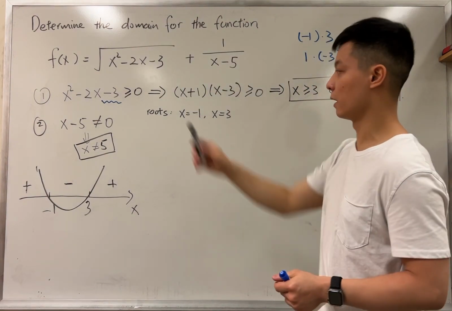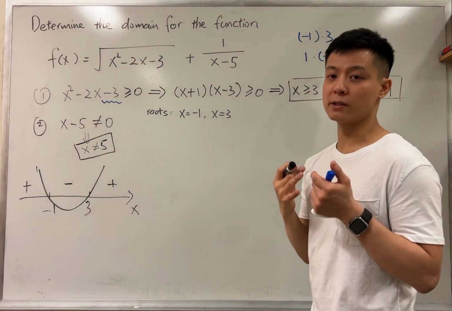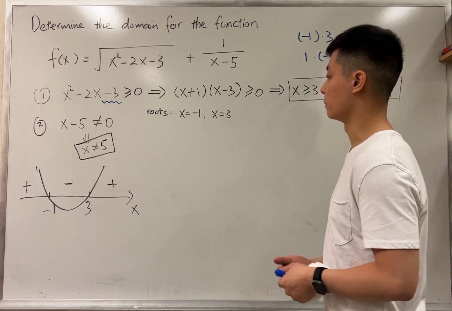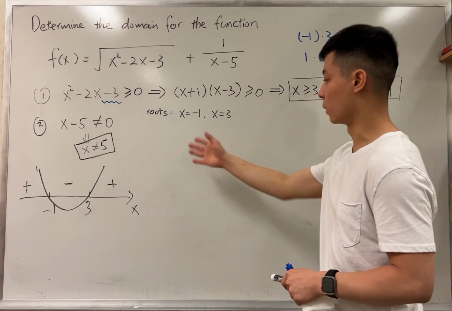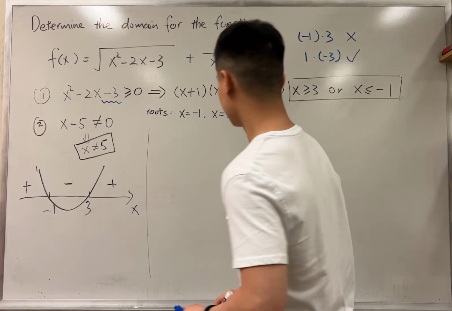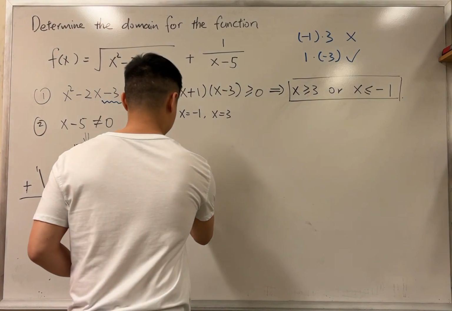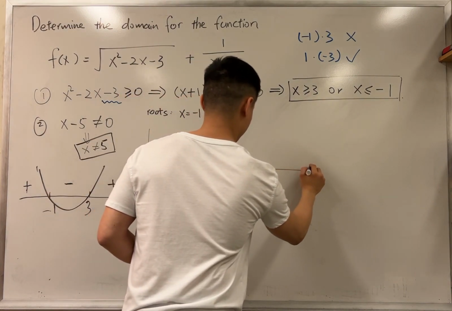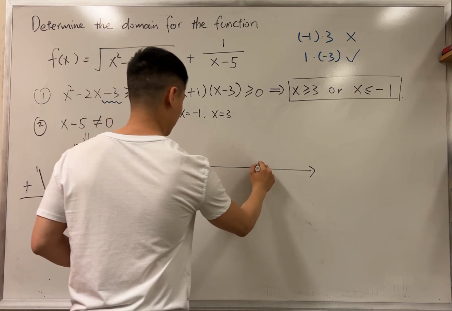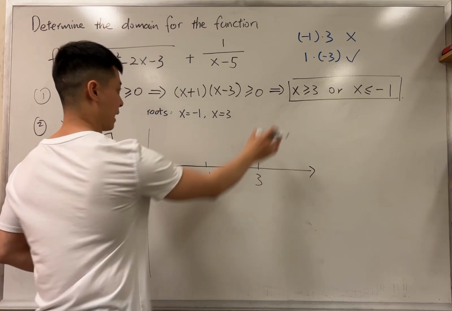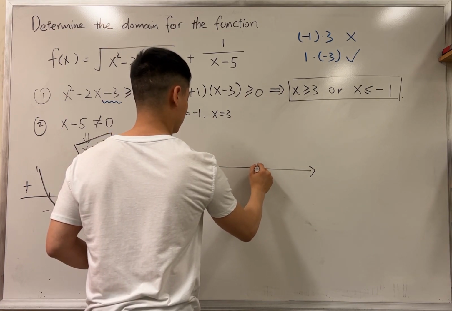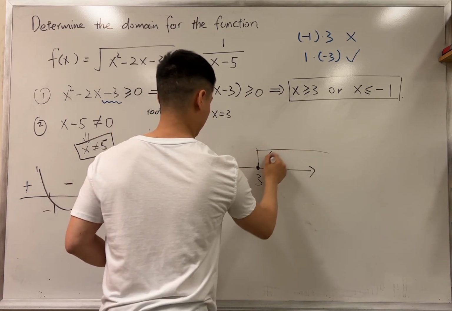Because these two conditions have to be satisfied at the same time, both of them have to be taken into consideration when we determine the domain. So let's draw a number line and consider both of these conditions. We have negative 1 and 3, right? x greater than 3 tells us that we need to go this way.